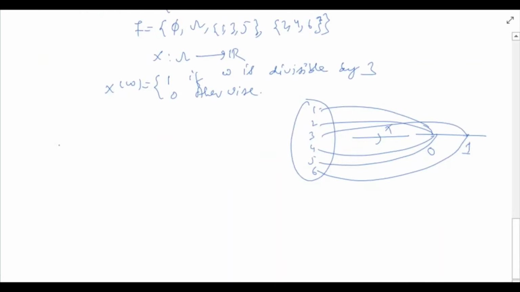Now, if we consider the pre-image of the set minus infinity to x, then it is the collection of all points that are mapped to points on the real line that are either 0 or left of 0. So this pre-image is {1, 2, 4, 5} and it's not in F. So X is not a random variable.